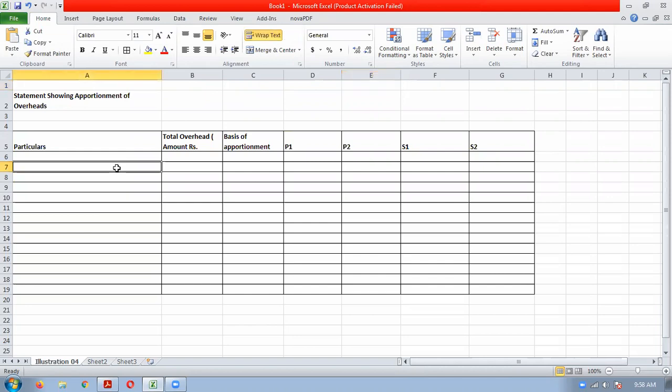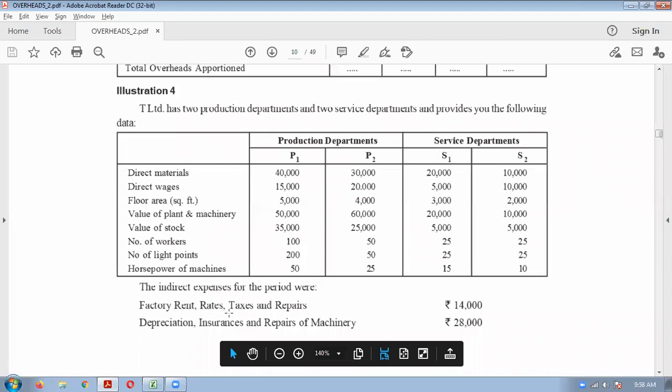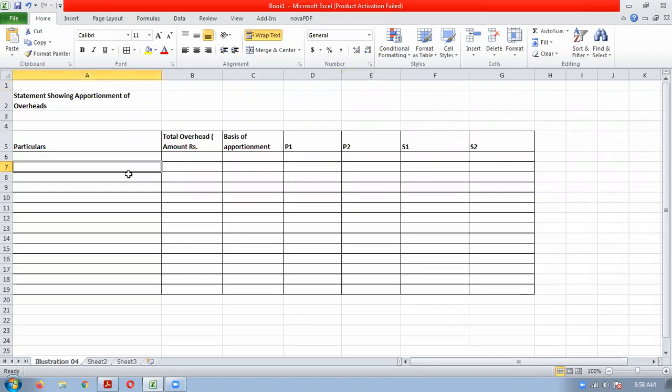Okay, done everybody? Formatting. So first indirect expenses: factory rent, rates, taxes and repairs.